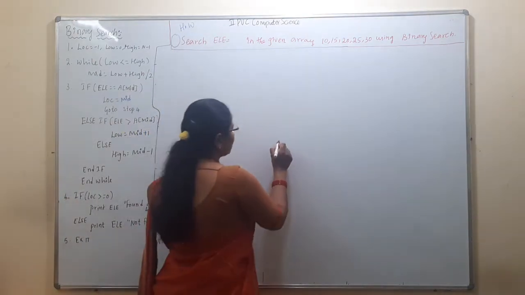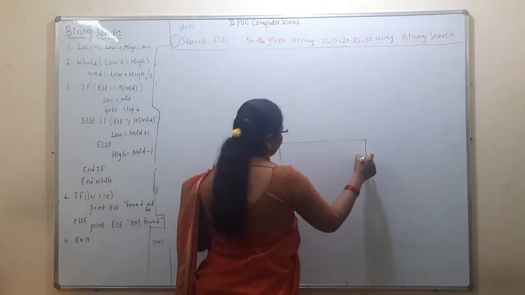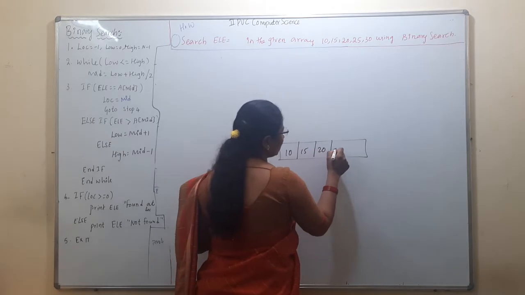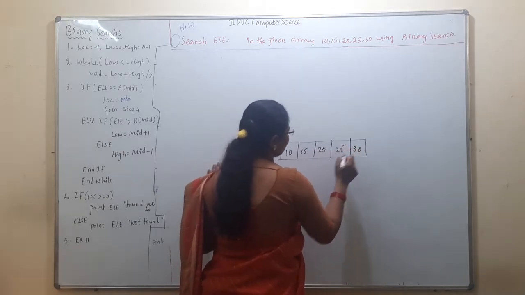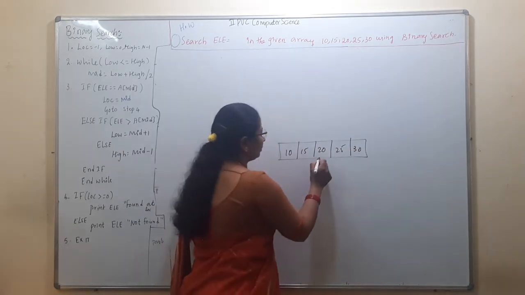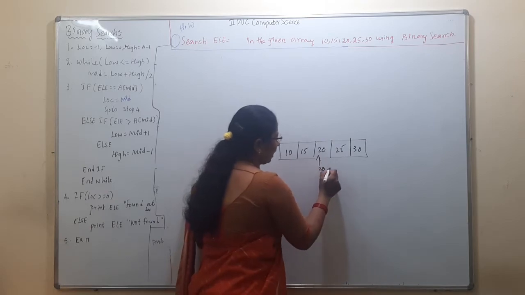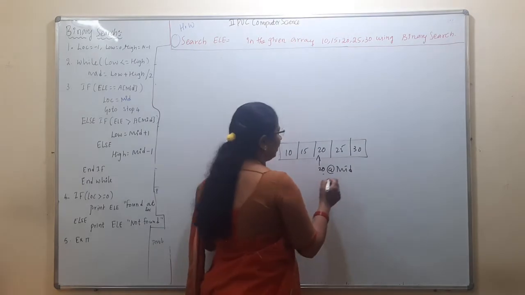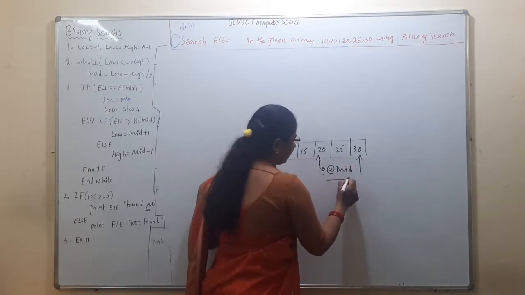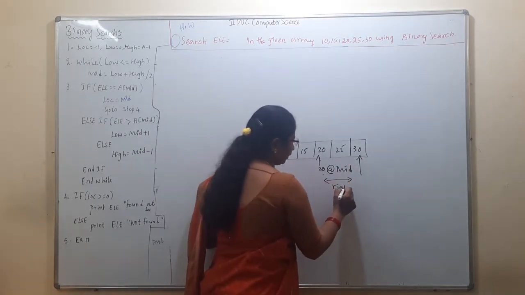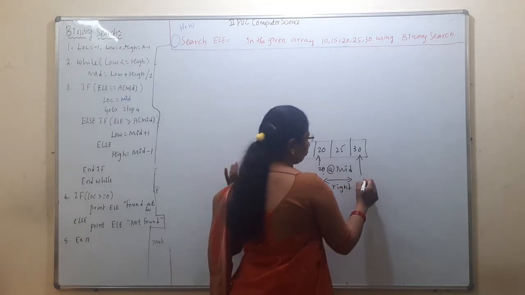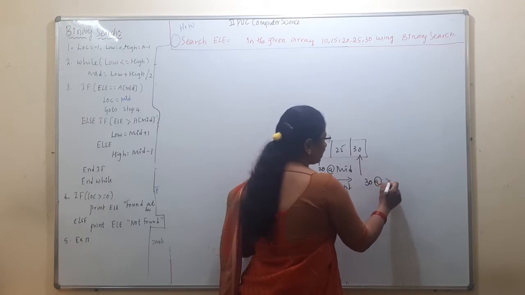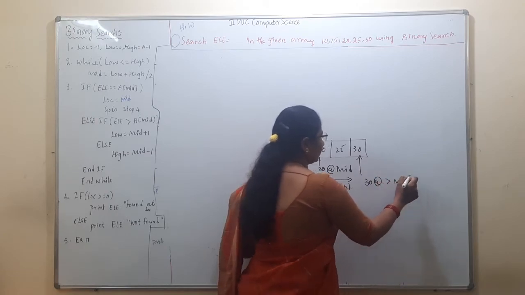Good morning, students. In the last class, we discussed the right hand side traversal. If the element is in the list 10, 15, 20, 25, 30, we first searched with the element 20 at the mid position, and we traversed towards the right hand side from the mid position to find the element 30, which is greater than the mid position.